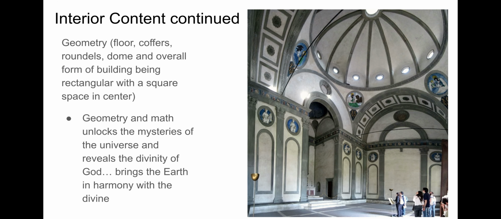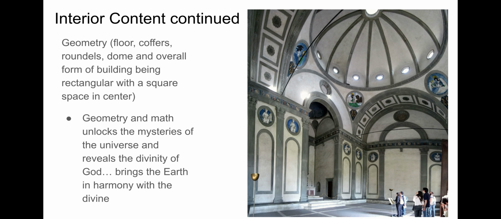Now here is the interior, and looking up in the dome, you see it's very much like the Hagia Sophia in terms of windows at the base of the dome. You also have an oculus in the center, so if you're thinking a little bit of the Pantheon as well, you are absolutely spot on.